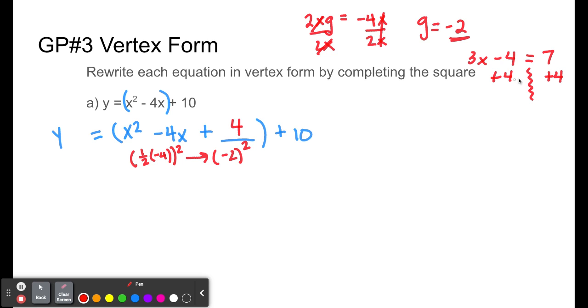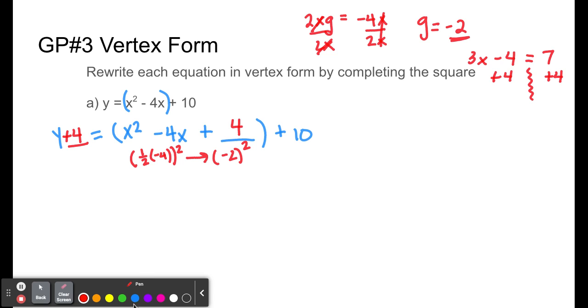We have to add that 4 to both sides because we have to make sure that we're keeping our equation balanced. So that same rule applies here. If we're going to add 4 to the right side of this equation in order to complete the square, we still have to add it to the other side of the equation in order to keep that equation balanced. Okay, so always, when you're completing the square, add that value to both sides.